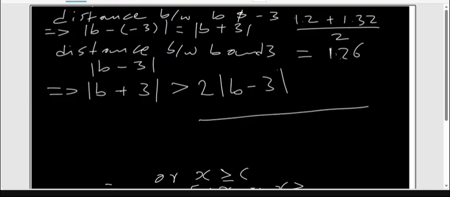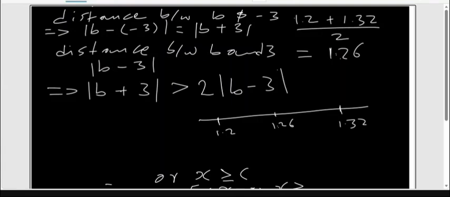If I have a number line, here is 1.2 and here is 1.32. So the midpoint is here. This midpoint is 1.26.